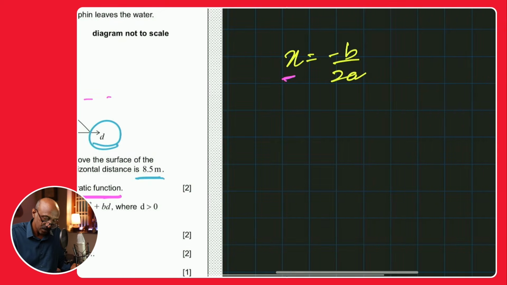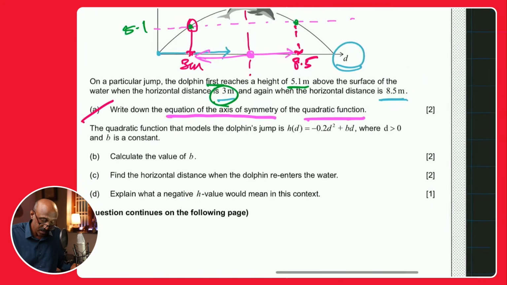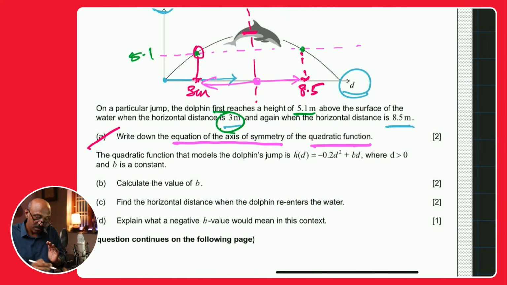Now, the quadratic is ax squared plus bx plus c, and in that context you'd have to figure out what b and a are. But we don't need that here, because this vertical line, d equals something, is the axis of symmetry, and it also goes through the midpoint of 3 and 8.5.